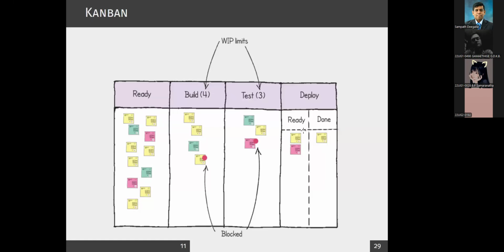You can look at the cycle time, and based on that, you can encourage your team members to reduce the time. We call this throughput, right? So the idea is you identify any problems, we call bottlenecks, or any inefficiencies within the process. So that's the basic idea of Kanban.